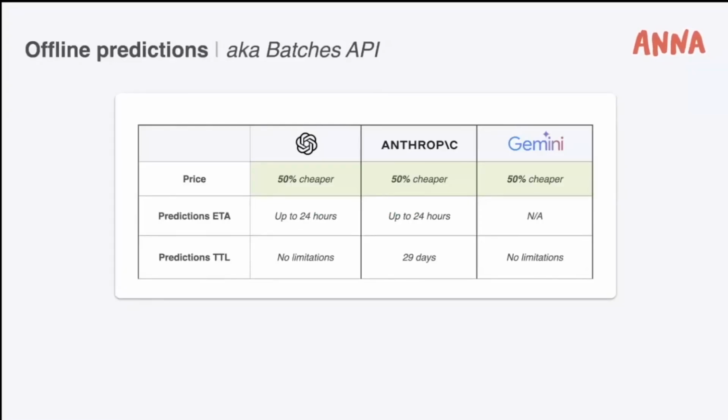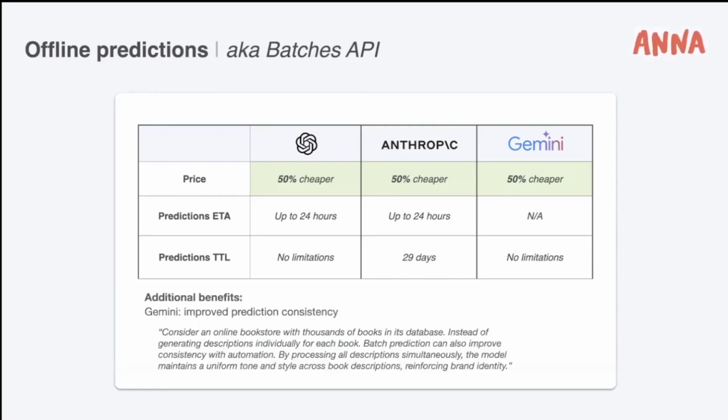The discount for the top 3 providers is the same, 50%. Then there is the TTL, time to live, which also needs to be considered. Make sure you fetch your predictions within the TTL. In Anthropic's case, it's 29 days, otherwise you will lose your predictions.